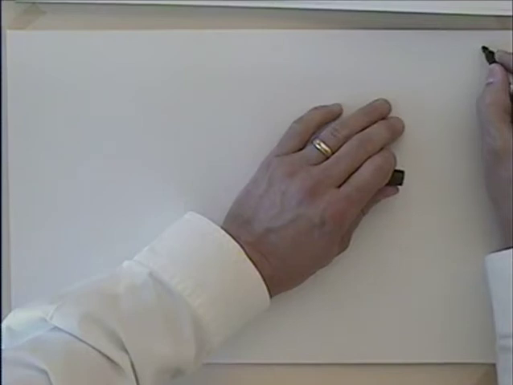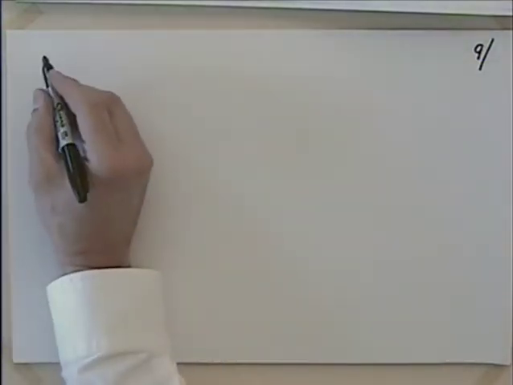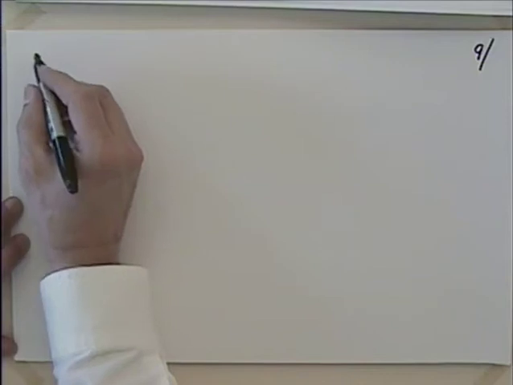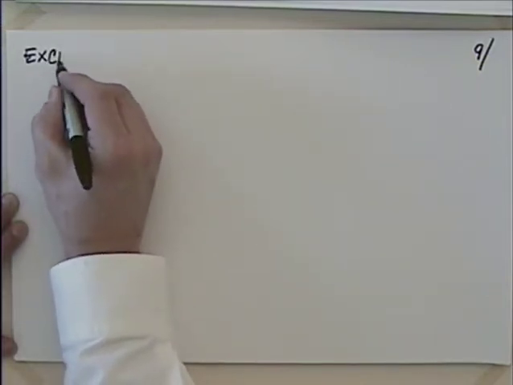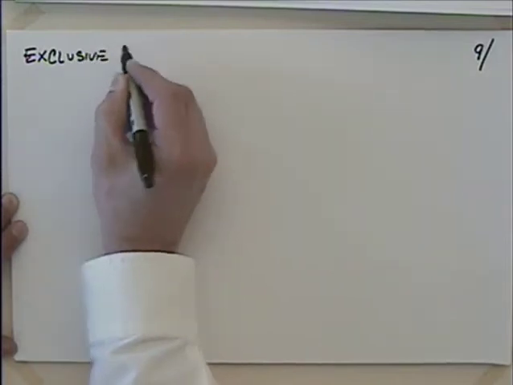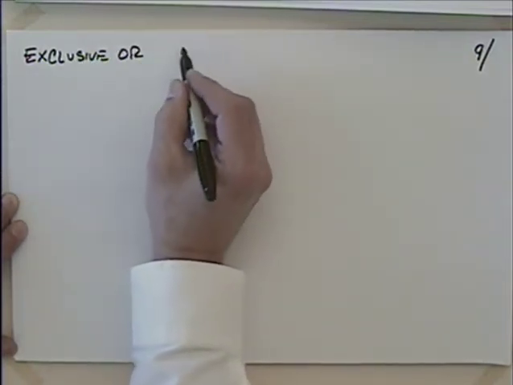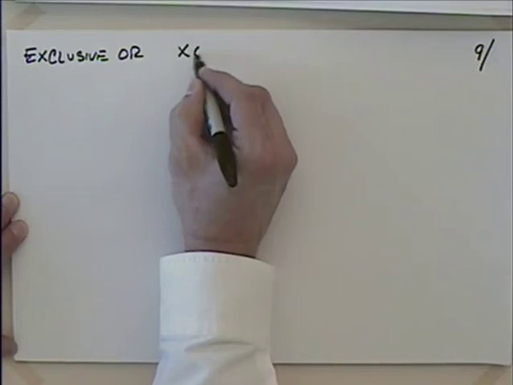Well, let's see, we've done NORs. We've got a NAND and a NOR, not AND, not OR. So I guess it's the exclusive OR next, which sometimes we call an XOR.